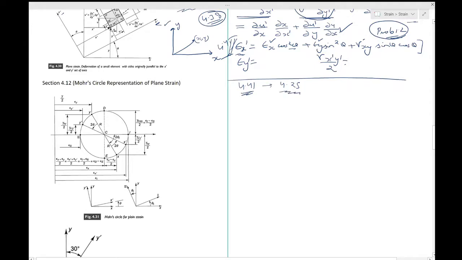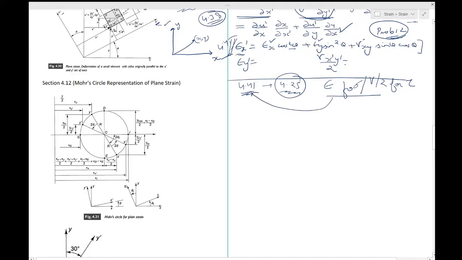Okay, we see that if in 4.41 we make the substitution E for sigma and gamma by 2 for tau, you will obtain 4.25.